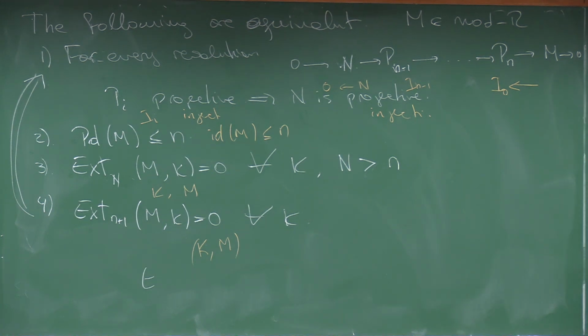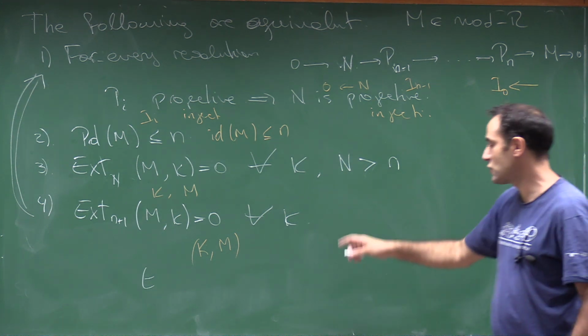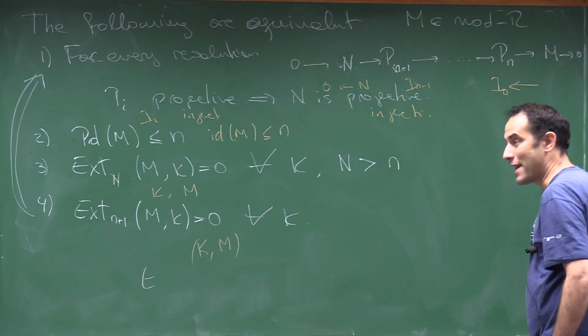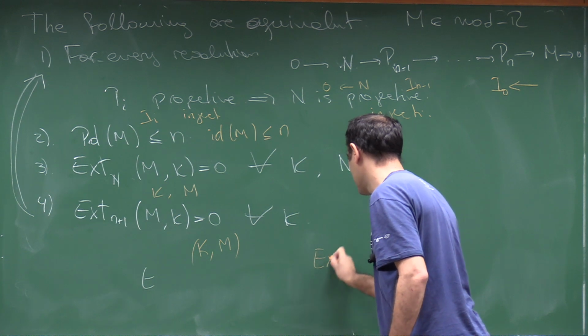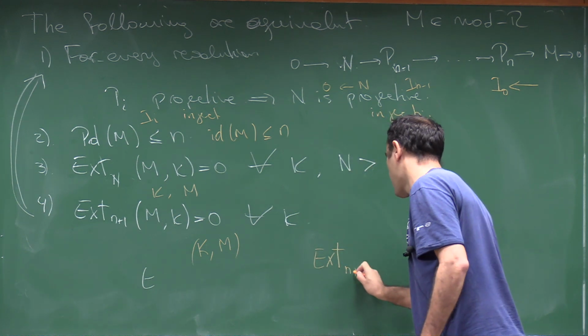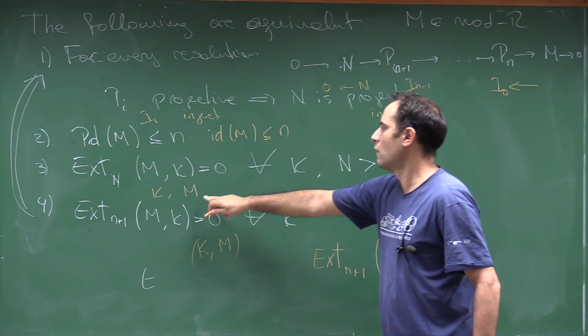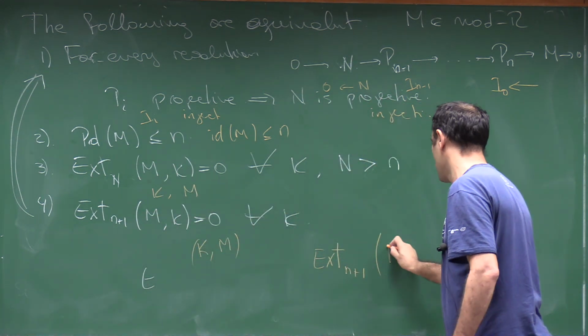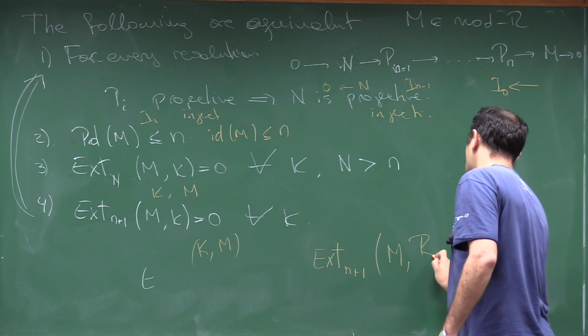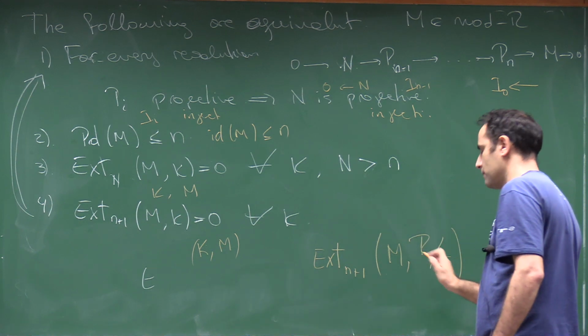But there's one extra for this one here. Actually, in the injective case, we can add one extra case here, and it is that I can either test Ext^{n+1} with this or this when K is just R mod an ideal.